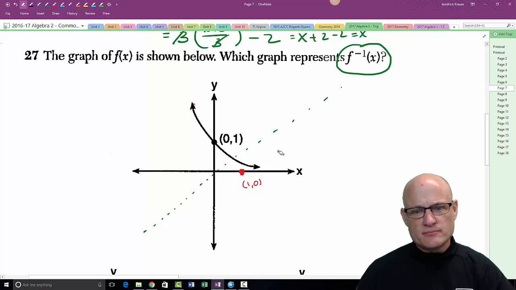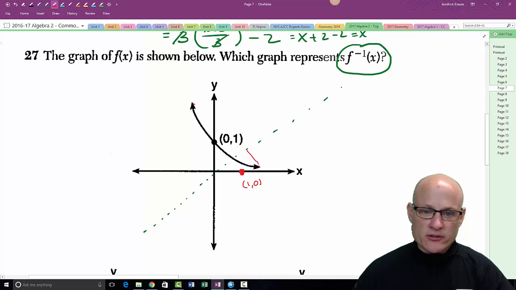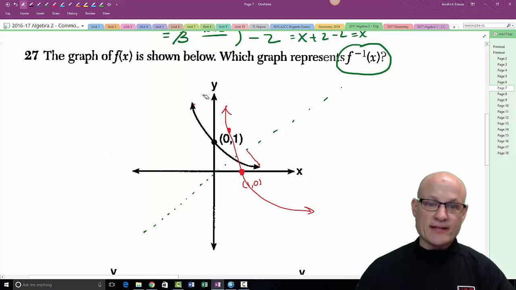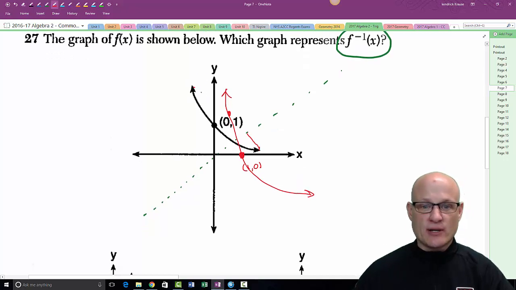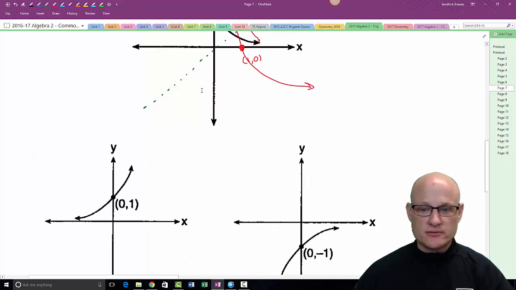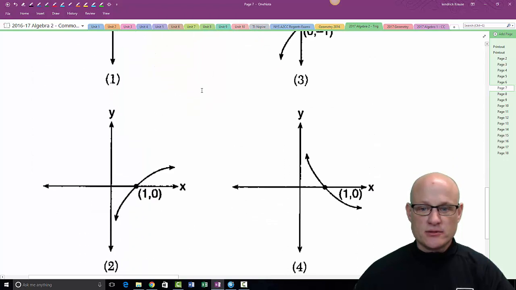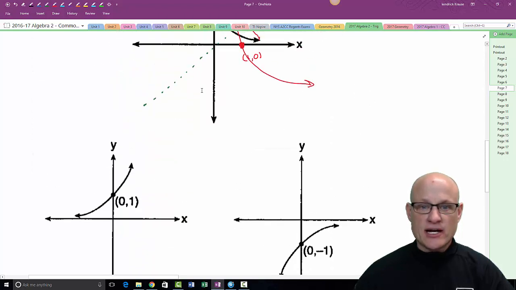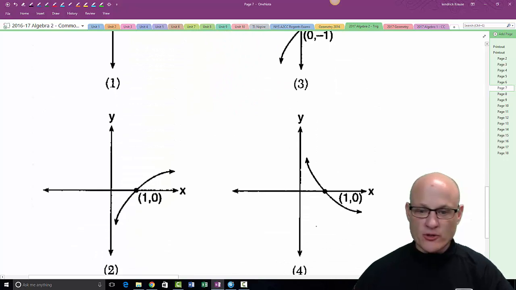That doesn't look right. This point, we'll go here to here, so it would come out about the same. So that would go here. So I think what's going to happen is we're going to get this. Does that make sense? Is this distance about the same as this distance here? Yeah, so that's a tricky one. I'm looking for the one that goes like that. So it's got to be choice 4.